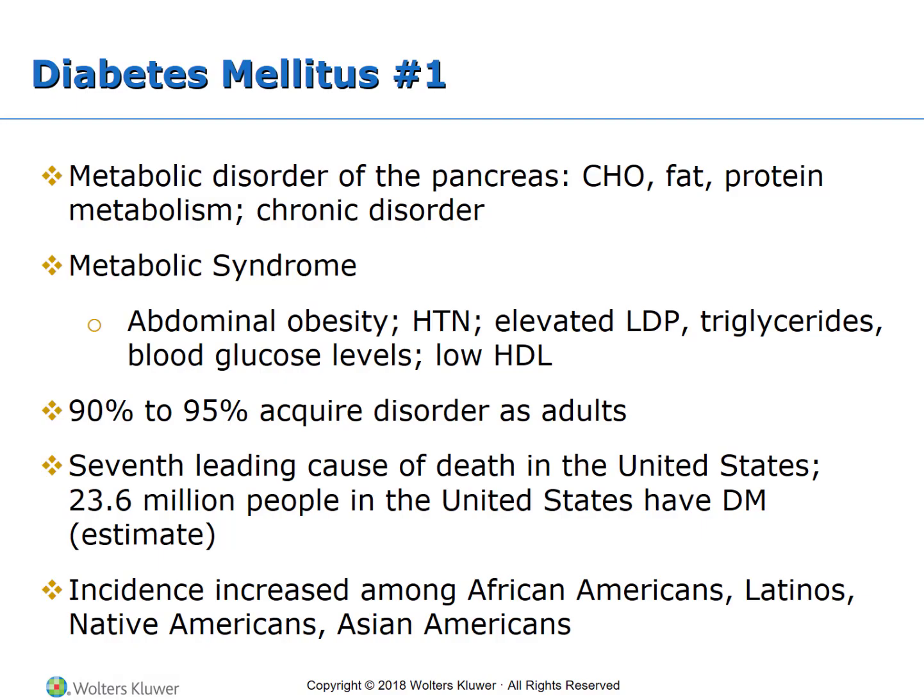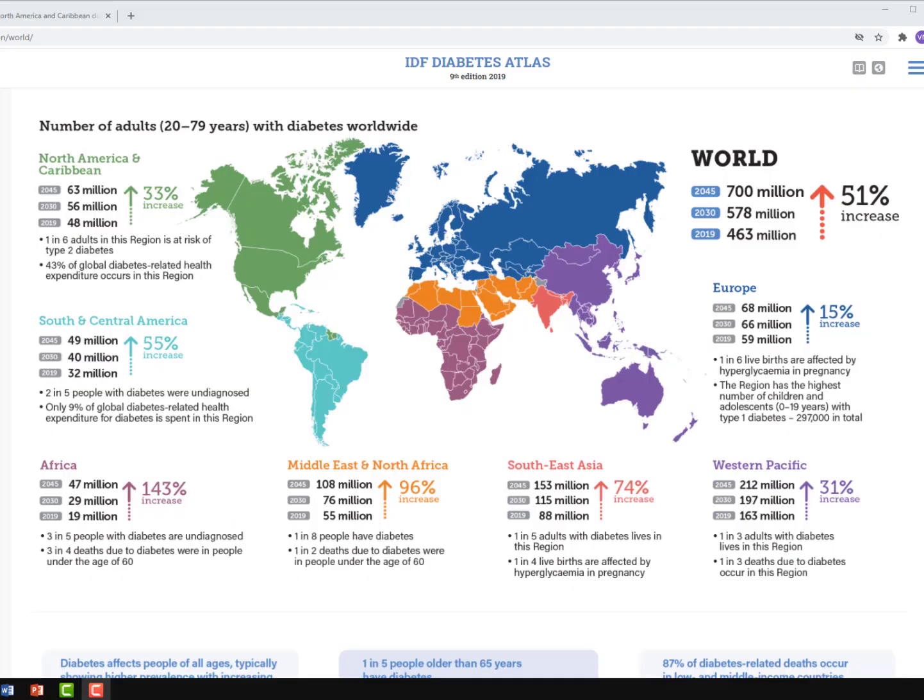So let's take a look at the map provided by the International Diabetes Federation. This is the ninth edition since 2019. So take a look at diabetes worldwide. If you look at North America and the Caribbean here, at this time, let's look at 2019, we have 48 million people with diabetes.